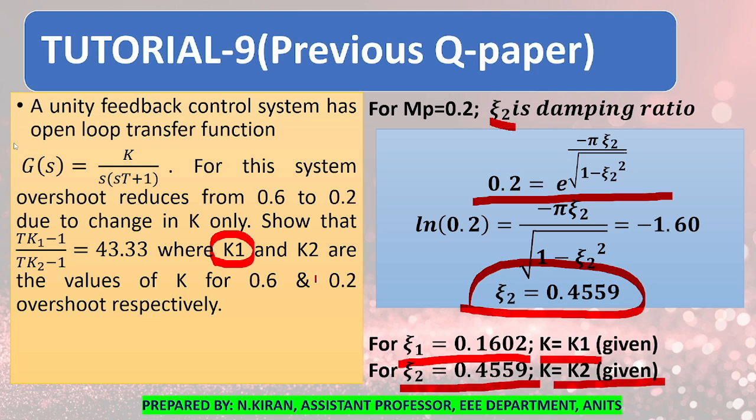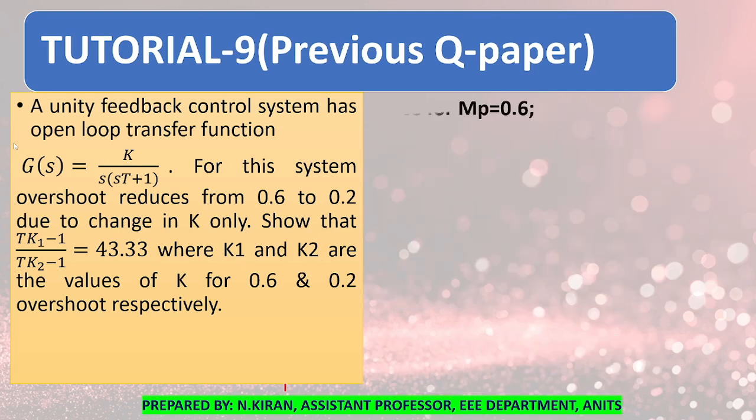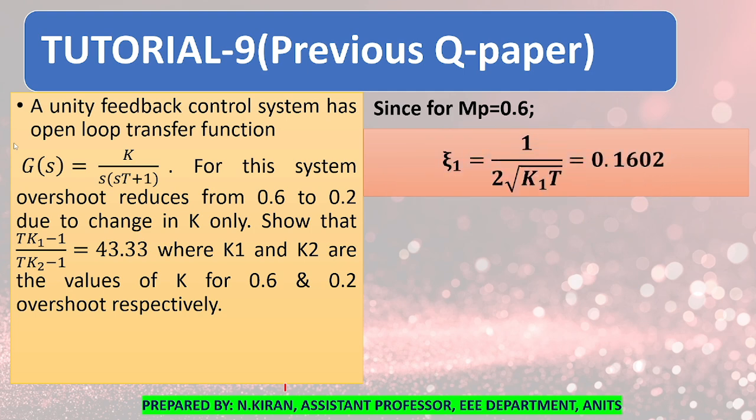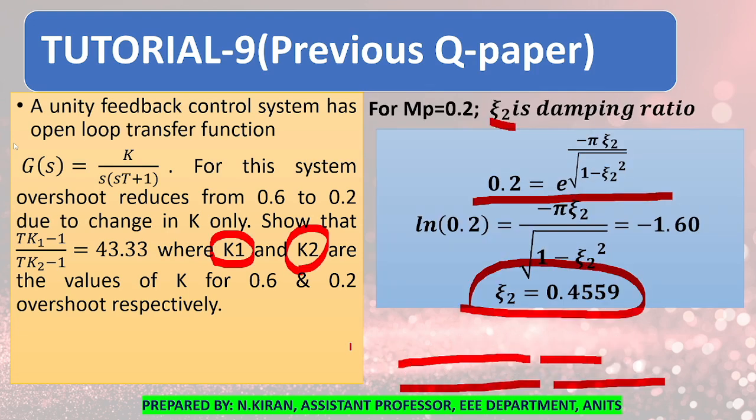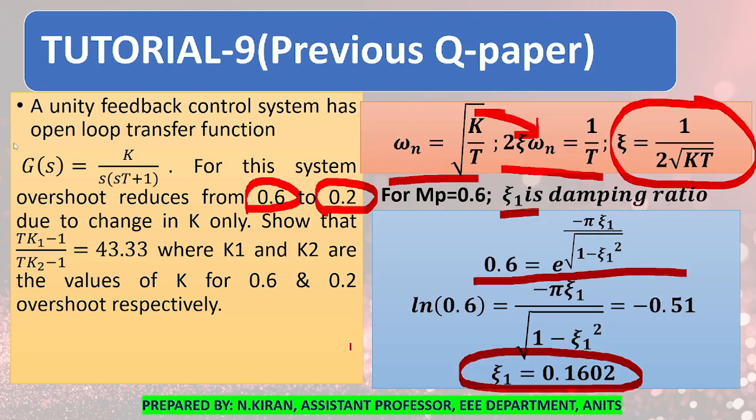Both values are given in the tutorial. Using the relation we got earlier, zeta is equal to 1 divided by 2 into root over KT.